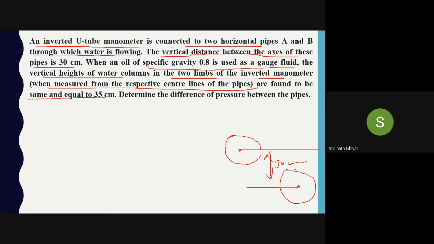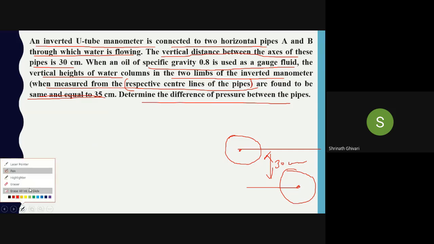So, when the vertical height of the water columns in the two limbs of the inverted manometer, measured from the respective center lines of the pipe, are found to be the same and equal to 35 centimeters, determine the difference of pressure between the pipes. So the diagram will be like this.